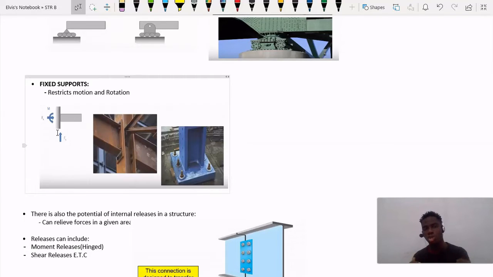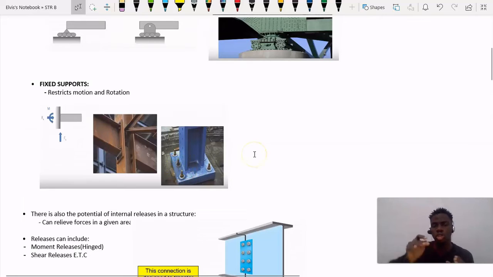So we tend to use fixed support whenever we have a structure that is going to be placed on the ground, or a column that is going to be connected to the ground. As you can see, this is an example. This is a column, and it is attached to the ground. So this is what we know as fixed support. It restricts motion and rotation, so it doesn't allow any movement.